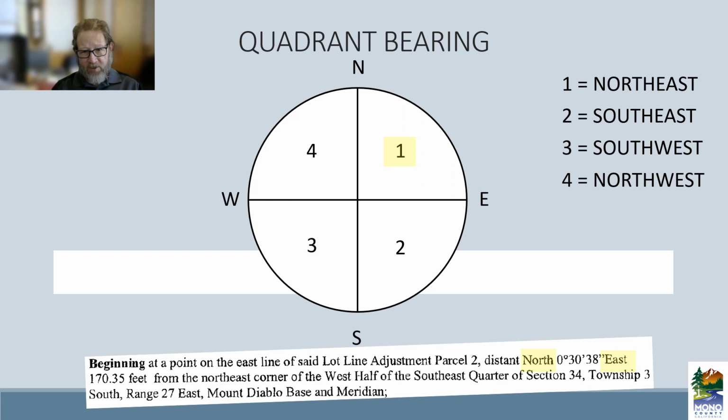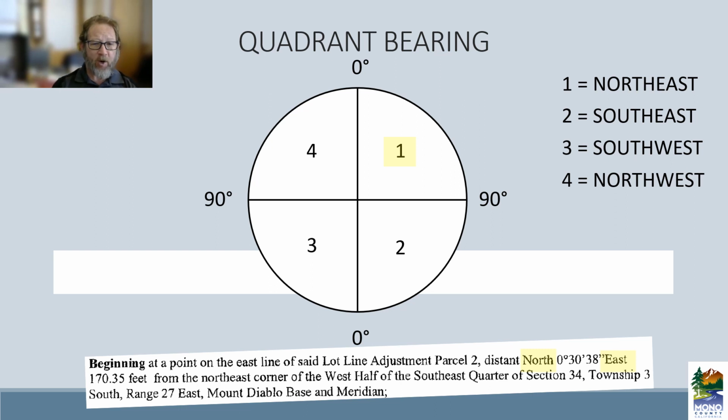On the legal description, you'll see that it either writes out northeast or it has an N and an E. But for the purposes of our coordinate geometry programs like ArcMap, instead of writing NE, we're going to use the quadrant bearing equivalent, which is a number. Number 1 represents the northeast quadrant, number 2 represents the southeast quadrant, number 3 represents the southwest quadrant, and number 4 represents the northwest quadrant.